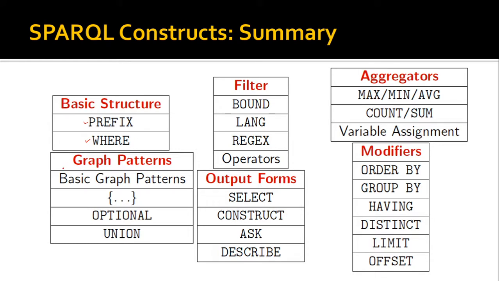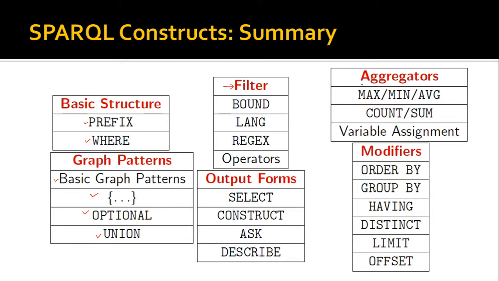Then inside the where clauses you can write different basic graph patterns, group graph patterns, optional graph patterns, union graph patterns, and there are many other constructs. Along with that, you can define constraints through filters, which make use of functions like bound, lang, regex, or different operators. And there are different output forms like select, construct, ask, describe, update, and so on.